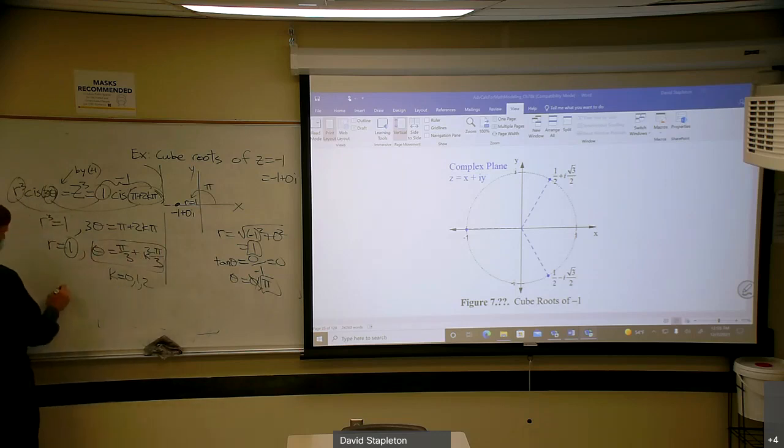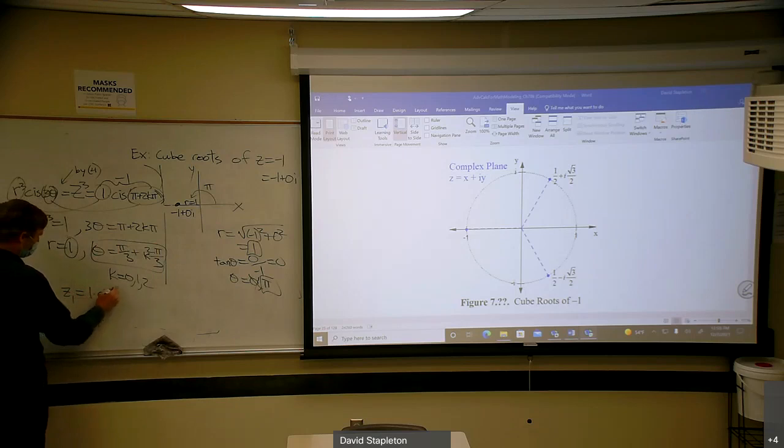And so you get z to the 1/3 root is 1 times cosine plus i sine of pi over 3. That's with k equals 0. The second solution is 1 times cosine plus i sine with k equals 1, which is pi over 3 plus 2 pi over 3, which is pi.